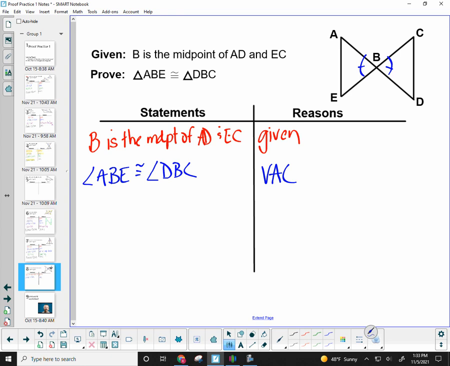Good. We know AB and BD are congruent. And I know that why? Because you know a midpoint means, right? So AB is congruent to BD by definition of midpoint.